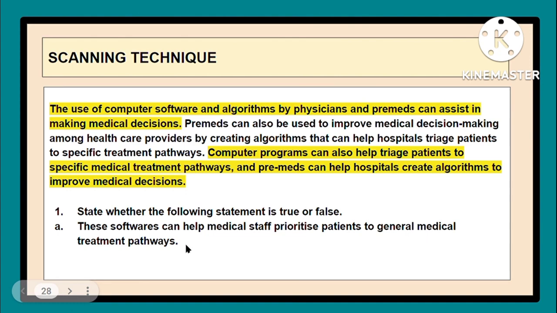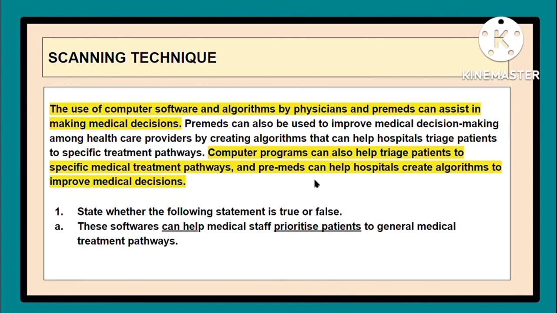So the question goes, these softwares can help medical staff prioritize patients to general medical treatment pathways. Normally with the true or false question, I tend to underline the verb the most, because it asserts the action happening or not happening. You can have your own technique, but I'm just gonna underline this and go back to the text which I've already read, and see if I can find the paraphrasing of the given phrase.